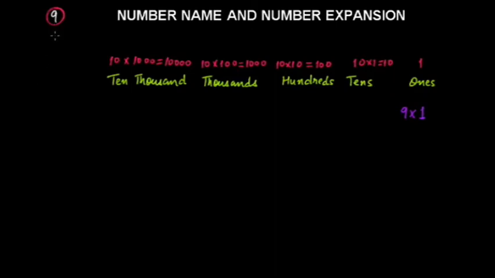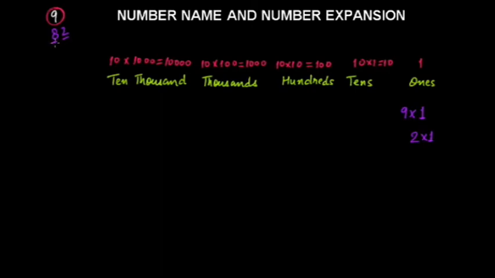Suppose we have a number 82. So it is a 2-digit number having 2 places, that is units place and a tens place. This 2 will come at the ones place, we will multiply it by the value of the place. Remember, this is the number expansion. I'm telling you how to expand the number.